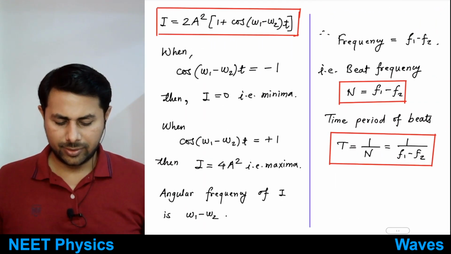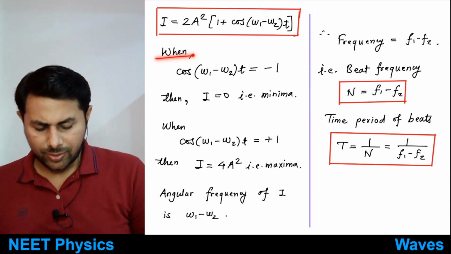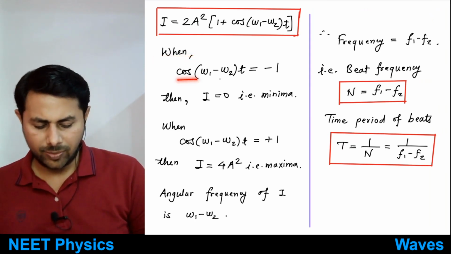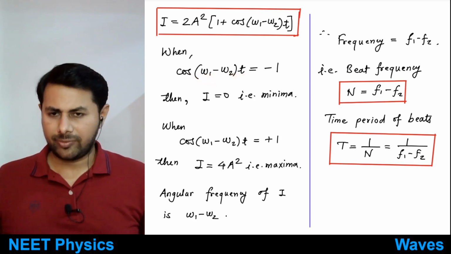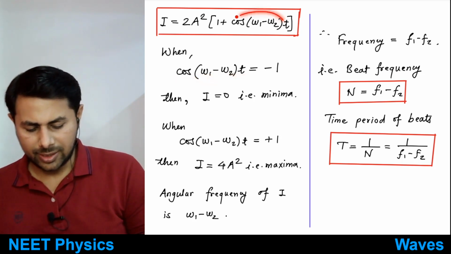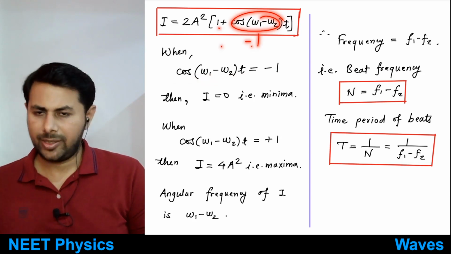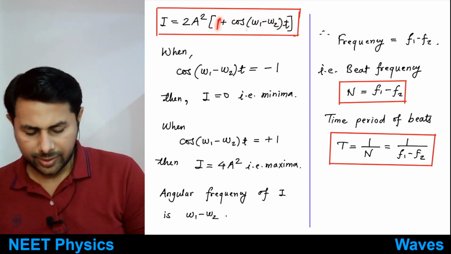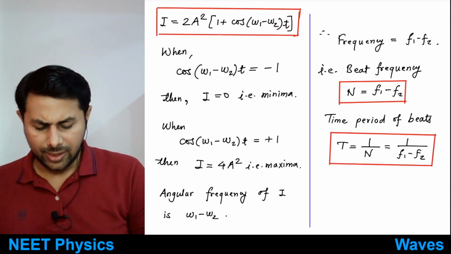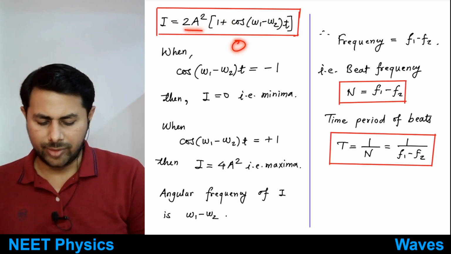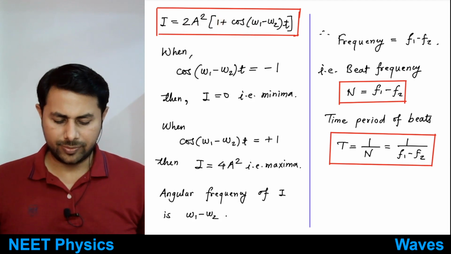Okay, right? So you can say when this cos of (omega 1 minus omega 2) times t is minus 1, then what would be the resultant amplitude or resultant intensity? Then it would be equal to 0, because 1 minus 1 would be equal to 0.